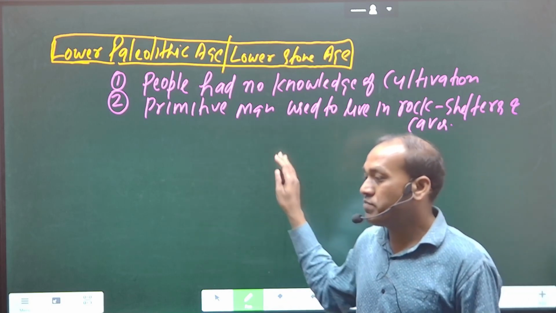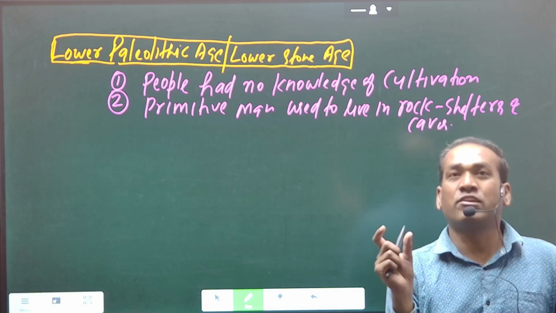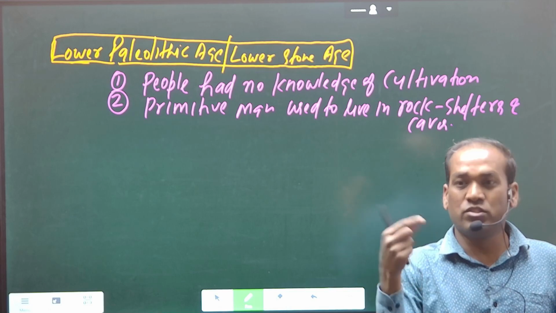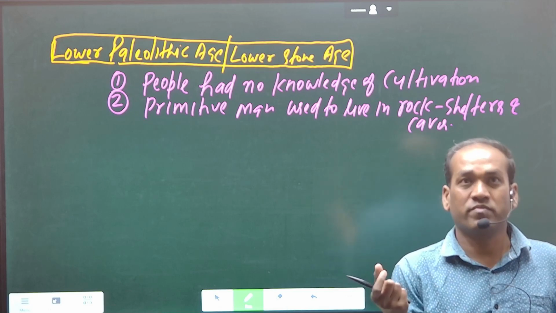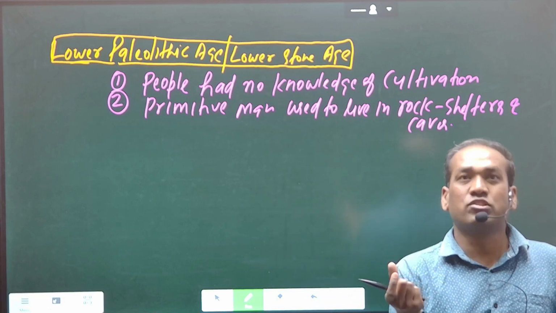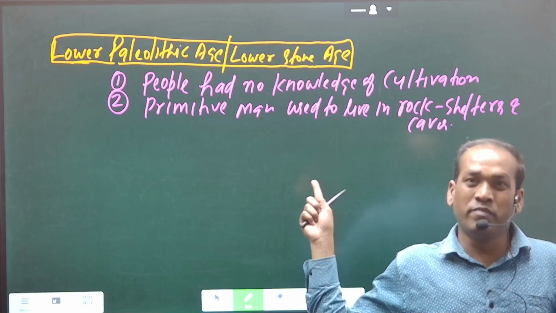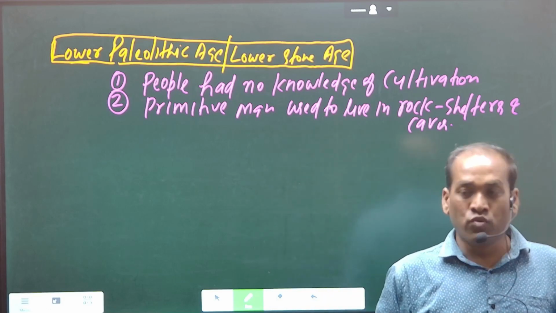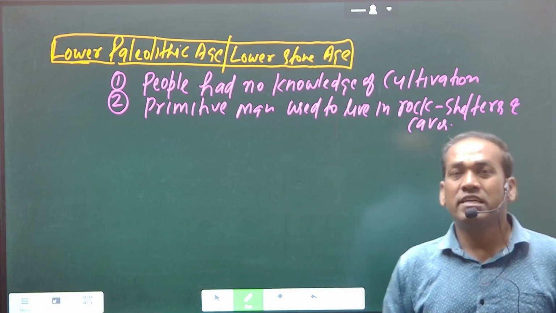So here a hard rock, hard stone, which is known as quartzite stone. So here a hard stone, quartzite stone, was used by early man, primitive man, for making the tools, and the tools were used for hunting and gathering.